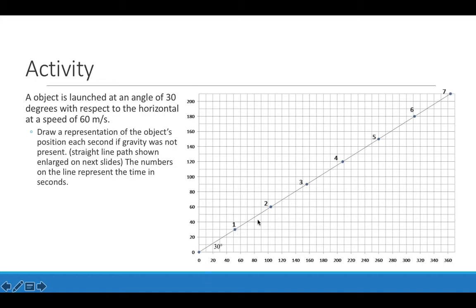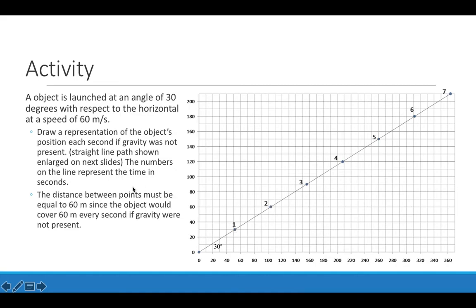And then the marks on here, 1, 2, 3, 4, represent time intervals. So after 1 second, if gravity wasn't present, that object would be located on this line at this point, and then after 2 seconds here. And I know that if the object was traveling in a straight line and there was no acceleration and it was launched at 60 meters per second, that means it covers 60 meters every second, which means that the distance between each one of these dots needs to be represented by 60 meters.